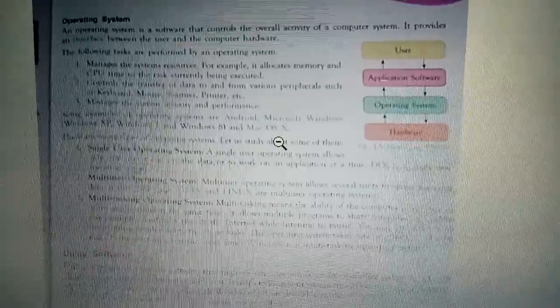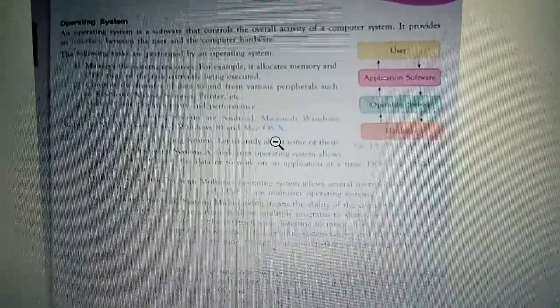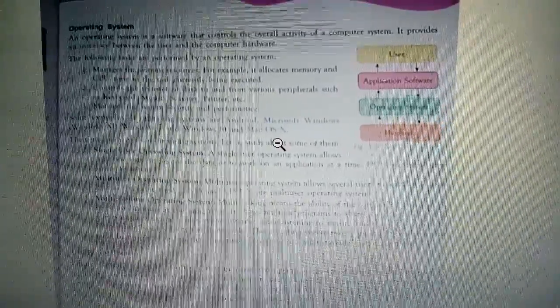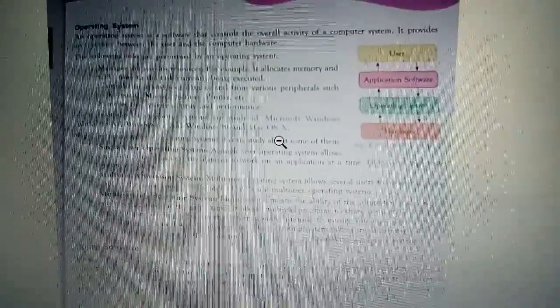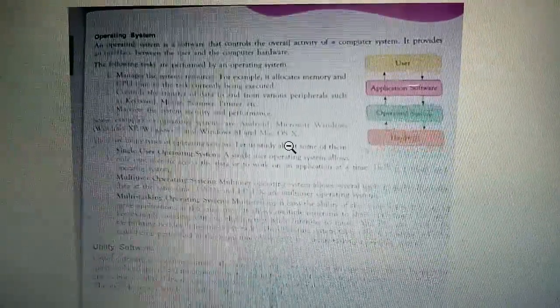Now third one is manages the system security and performance. It also manages our system security and performance.